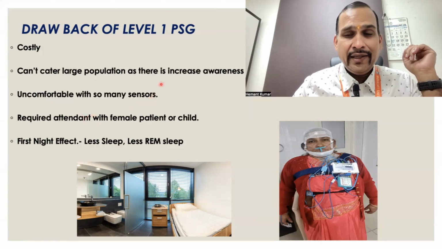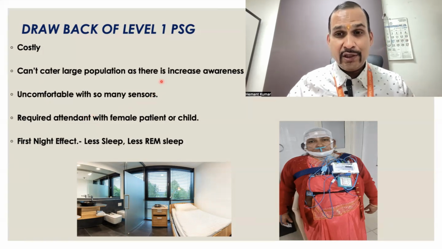And as I am making videos, I am spreading a lot of awareness to patients. There are a lot of patients coming up for diagnosis of OSA. So a level 1 study or hospital based study cannot cover a large population, so we need a type 3 study, which can be done in a home setup.